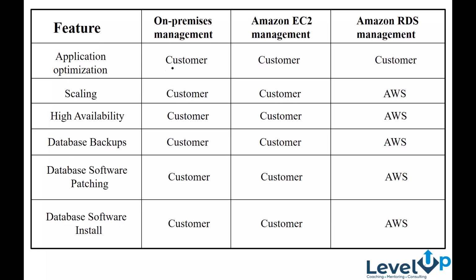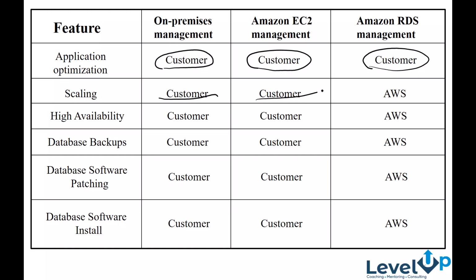Obviously the owner of the application is the customer, right? So even if you're using an on-premises server, AWS EC2, or RDS, the application customization has to be done by the customer. Now the scaling: if I want to scale the database on premises, the customer has to do it. Even if it is EC2, the customer has to do that. But if you have to scale a database using RDS, all you need to tell AWS is that you want to scale, and AWS will do that for you.